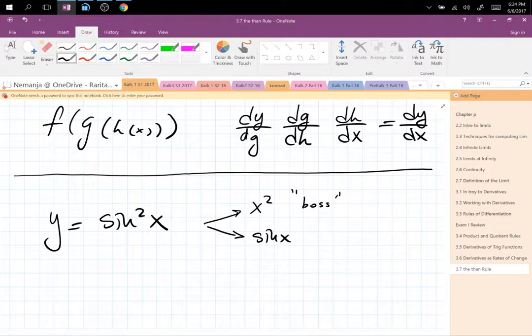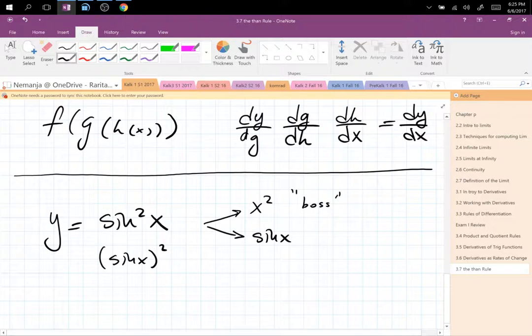This is the skill that you already need to have, because this was pre-calc 1. So when you're looking at sine squared x, maybe this form is better. You can write one or the other, they mean the same thing. Once you have this, you see that x squared is the main thing, and then x is replaced with sine x. And you have sine squared x.